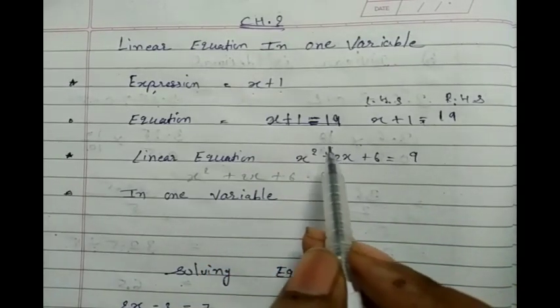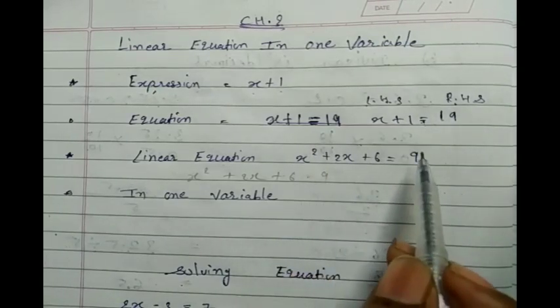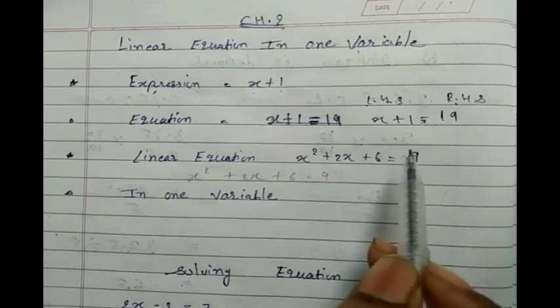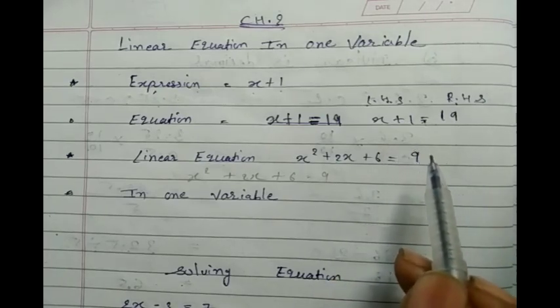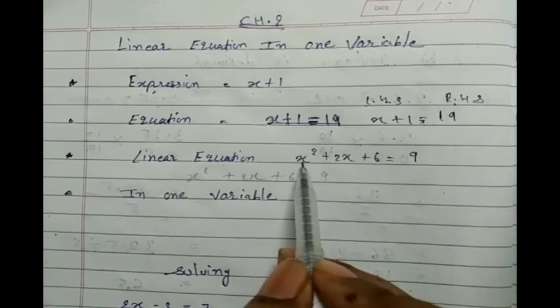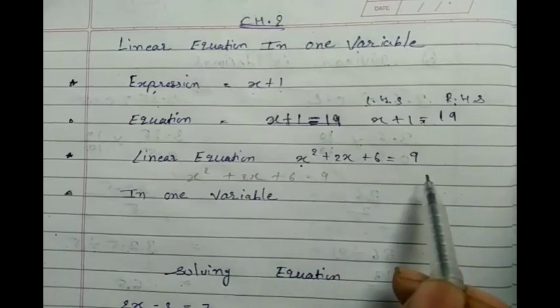The meaning of linear equation is that the degree of the equation is always only 1. We all know what the degree of an equation is. Degree means the power of the variable should be 1 in the whole equation.